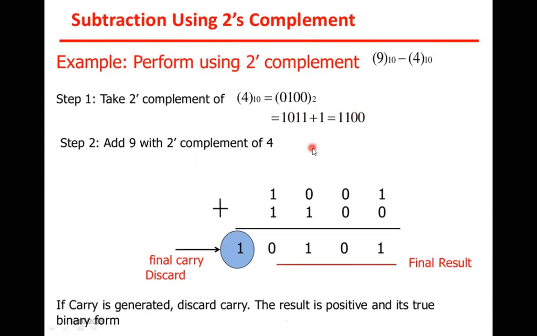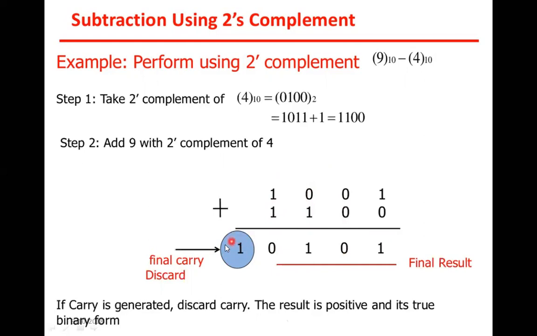Now what we need to do? We need to add 9 with the 2's complement of 4. So this is 9. 9 is how much? 1 0 0 1. So to this 9, the 2's complement of 4 is 1 1 0 0. So now we need to add these two. So this is coming like 1 plus 0 is 1, 0 plus 0 is 0, 0 plus 1 is 1, 1 plus 1 is 0 with carry 1.